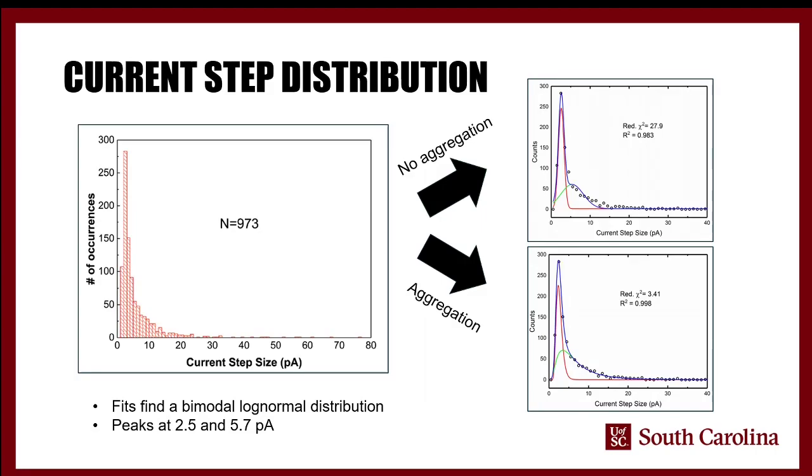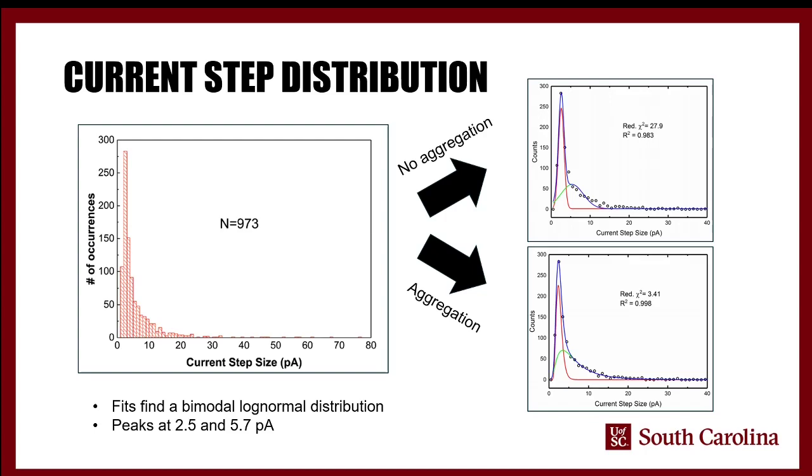So over the course of multiple different runs, I believe there were 4 or 5 different runs that I did here for replication purposes, all of that is summarized into this current step distribution. There's 973 total events. I set the cutoff at 1 picoamp because my noise level was about half a picoamp.